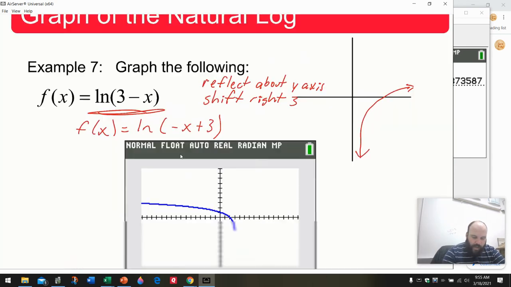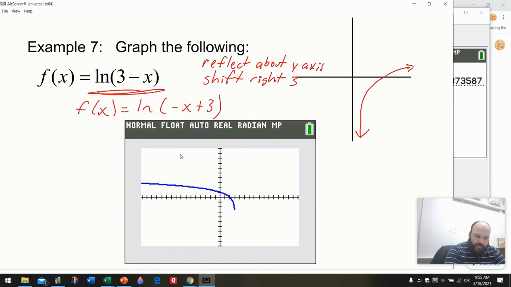So looking at this graph that we have, if I did these in stages, the first graph that I would have from my basic logarithmic function is I would reflect it, and it would look like this. Okay, and then lastly, we would take that graph and we would shift it to the right 3.